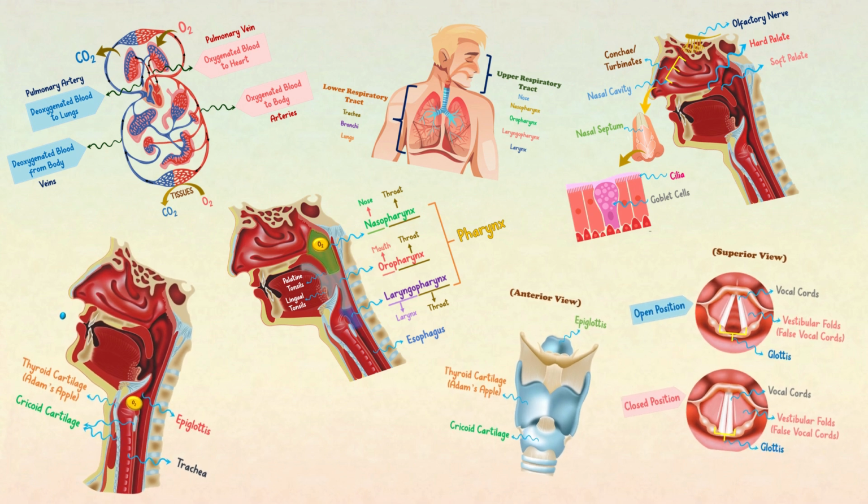Then, entering the last part of the upper respiratory tract, the larynx, also known as voice box, because it is involved in the production of sound. Epiglottis works like a lid to cover the larynx, thus preventing the food from entering the airway.